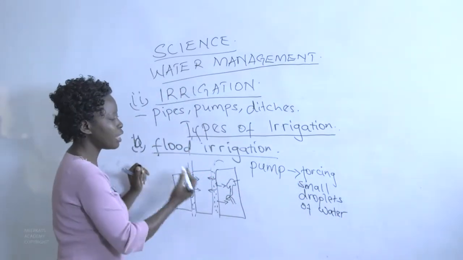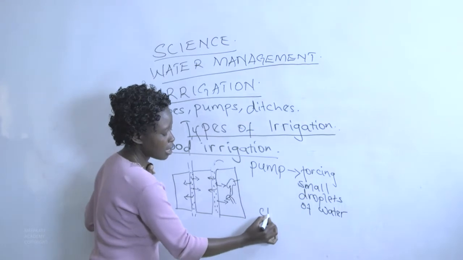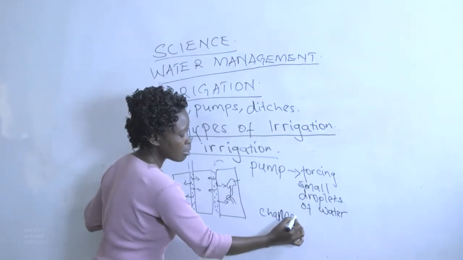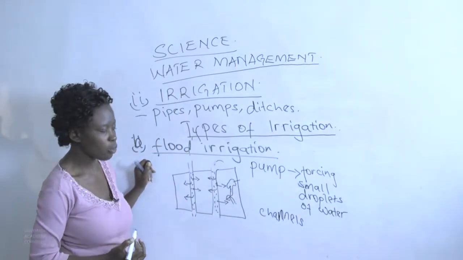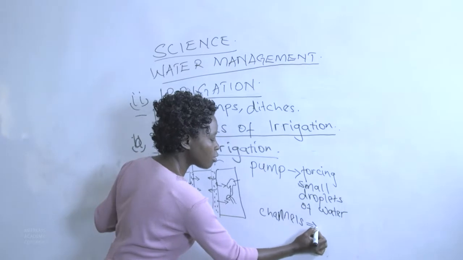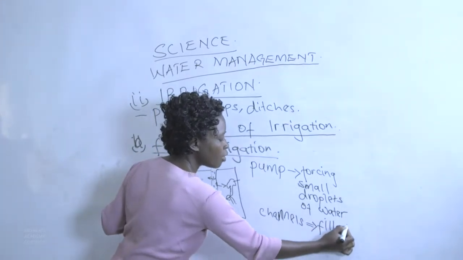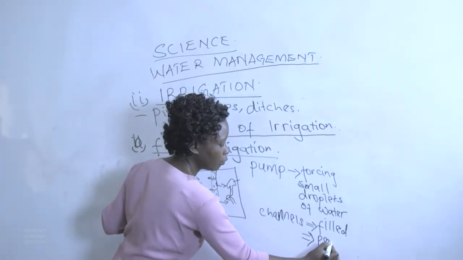But with flood irrigation, you have channels that have been constructed, then the channels are filled up with water. Since the channels are filled up with water, the water then percolates into the soil.